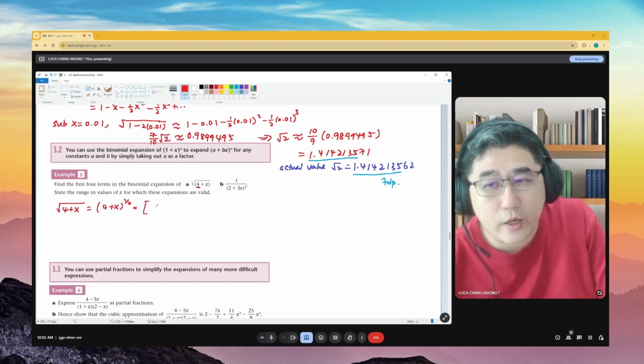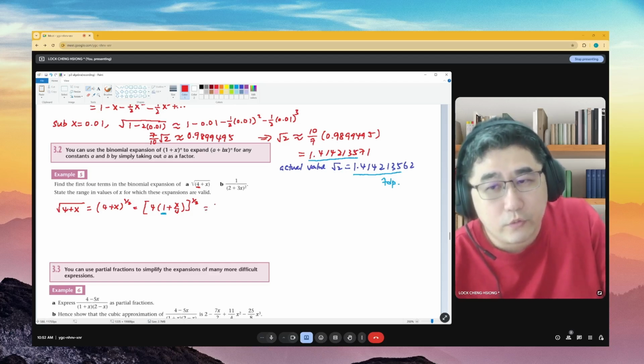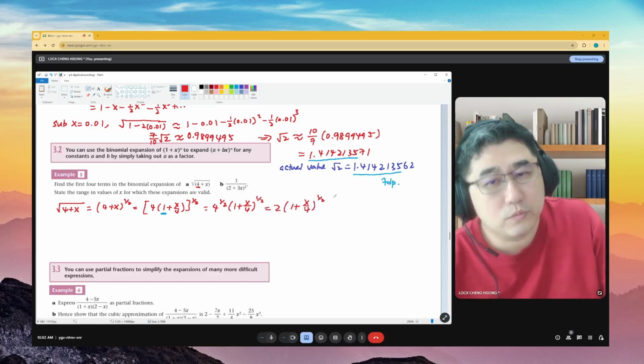Take the 4 out: 4 times 1 plus x over 4, power 1 over 2. Whatever you do, you have to create a 1 there. Then you have 4 power 1 over 2, times 1 plus x over 4 power 1 over 2. So you have 2 times 1 plus x over 4 power 1 over 2.